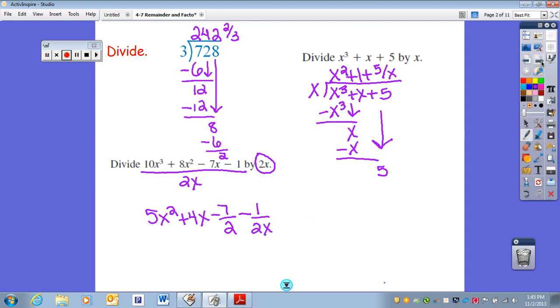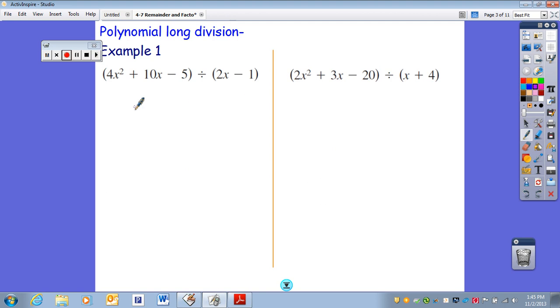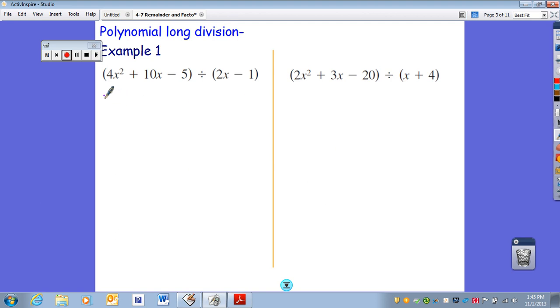In the next example, we are going to do long division, but this time we're going to be dividing by a binomial. So I have 2x minus 1, and I'm going to divide that into 4x squared plus 10x minus 5. Same process, even though it's a little bit more complicated with more terms.